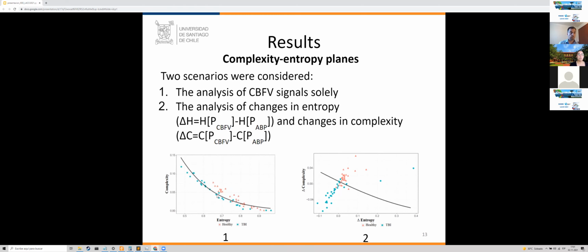By changes, I mean cerebral blood flow velocity minus pressure. Note here, and here too, that the orange triangles representing signals from TBI patients tend to be more entropic than those signals from normal subjects, represented by green dots. The same occurs here in scenario number 2.